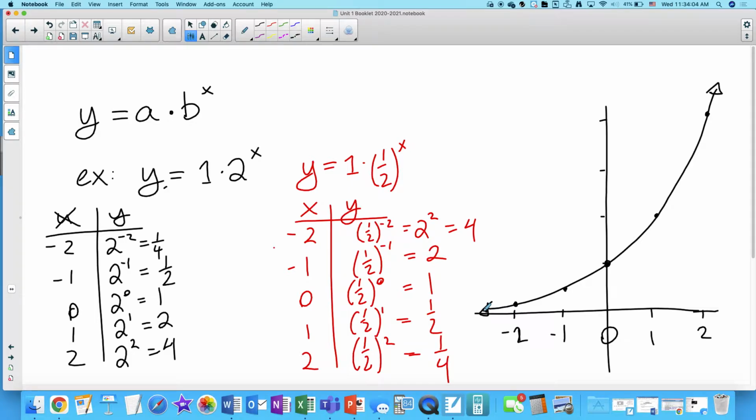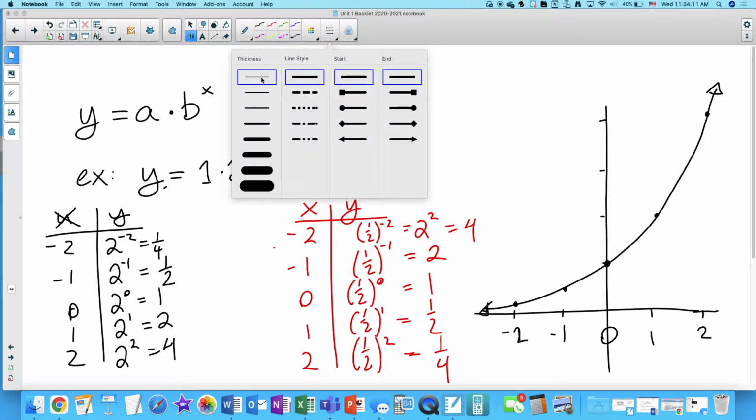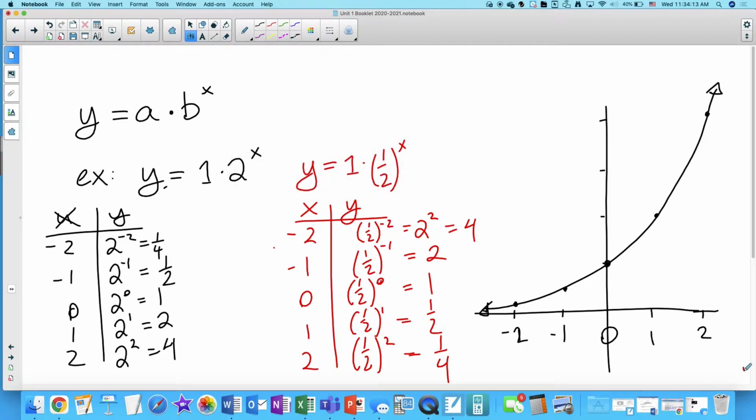Does that look familiar? And then the other one I'll do in red. It's going to have a similar shape, but now the negative x values correspond to the y values here when they were positive. So when x is -2, y is 4. When x is -1, y is 2. When x is 0, y is 1. When x is 1, y is a half. When x is 2, y is 1/4. So these go the other way.